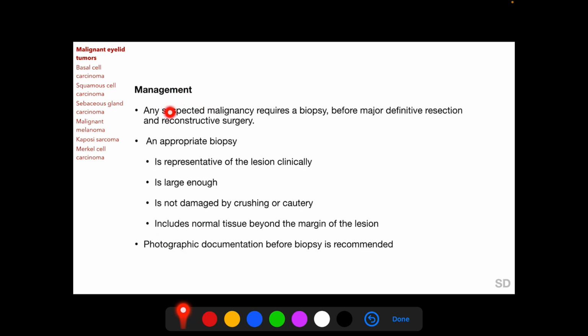Any suspected malignancy requires a biopsy before a major definitive resection and reconstructive surgery is planned.